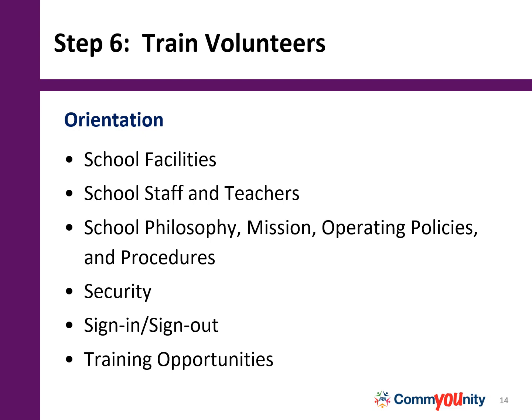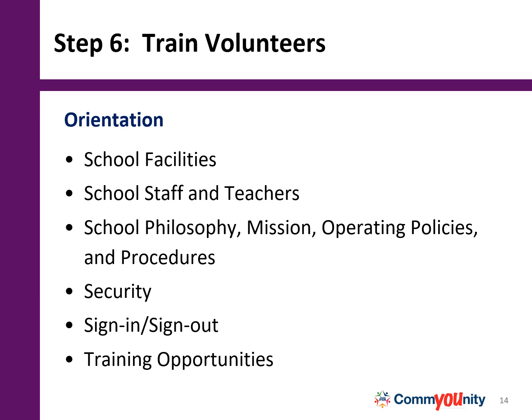Orientation sessions should familiarize volunteers with school facilities, and provide a map and tour of the school building. Make sure volunteers know where the office is, where the restrooms are, and where the PTA room is if there is one. School staff and teachers introduce volunteers to the principal, teachers, office, and custodial staff.